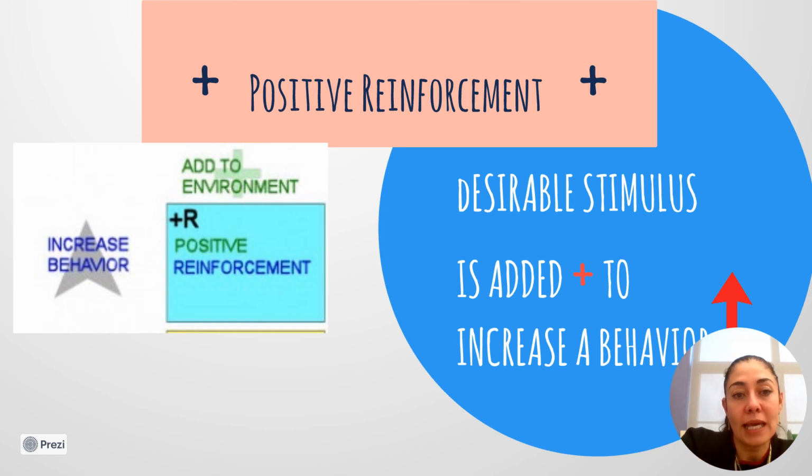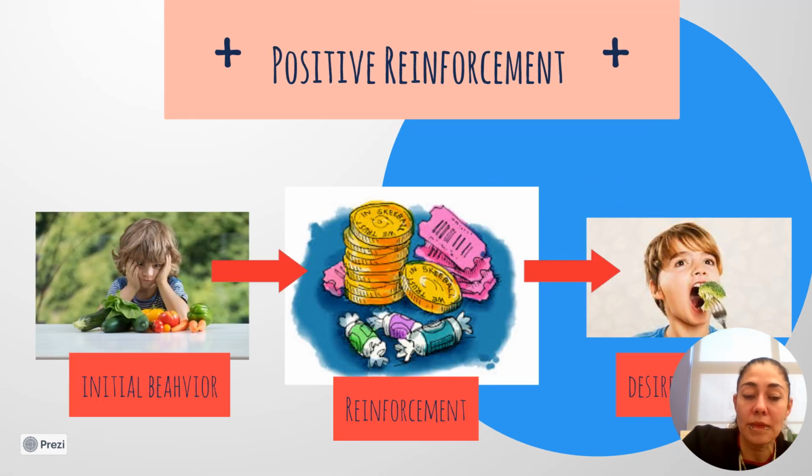Positive reinforcement can be the desirable outcome which satisfies needs such as food, water, money, status, prizes, etc. Look here, plus R, adding. For example, Cami, if you finish your veggies, you will get your preferred item. Reinforcement is the dessert that Cami loves, and the desirable behavior is that Cami eats her veggies.